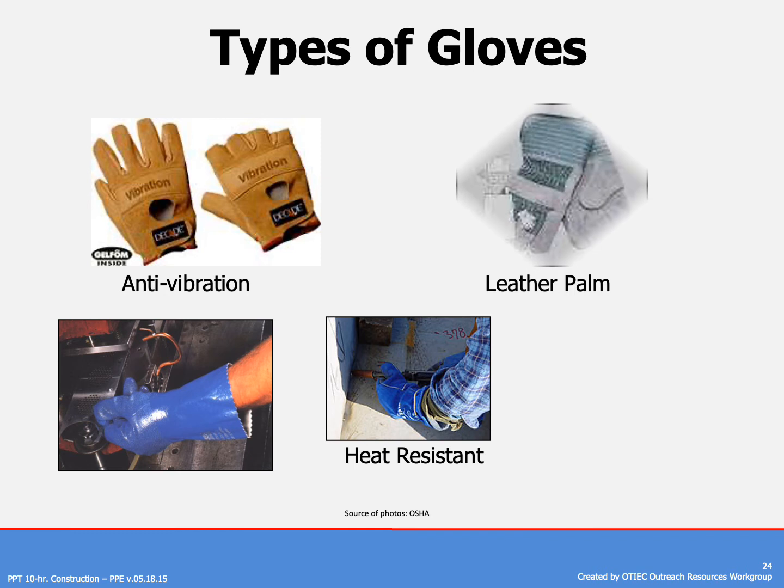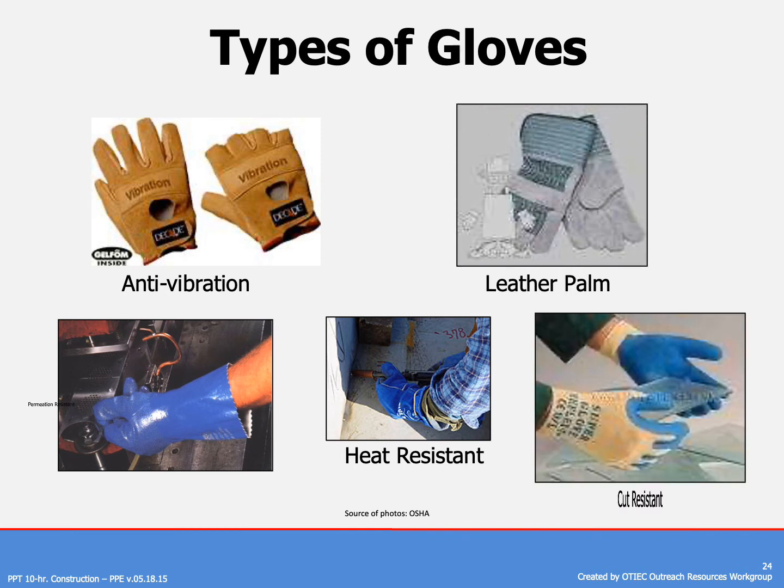We have anti-vibration, leather palm, and resistant type gloves that help protect us from any kind of absorption issue from caustics and corrosive liquids, all the way up to bodily fluids, right? There's a different type of glove that provides that permeation resistance to us.